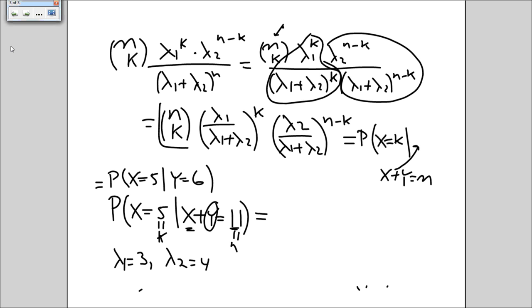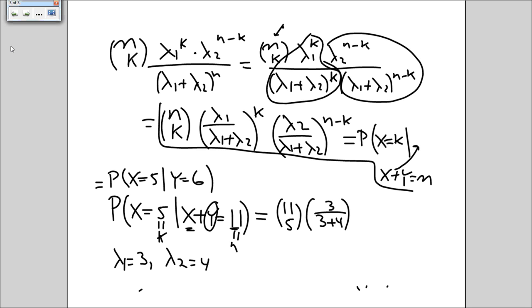Well, just use this formula outright. It's n, 11, choose k, which is 5, times lambda 1, which is 3, over lambda 1 plus lambda 2, to the k, and k is 5.